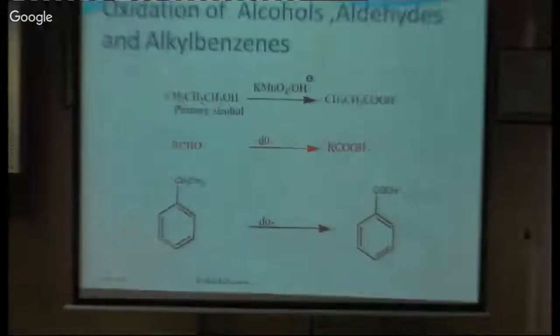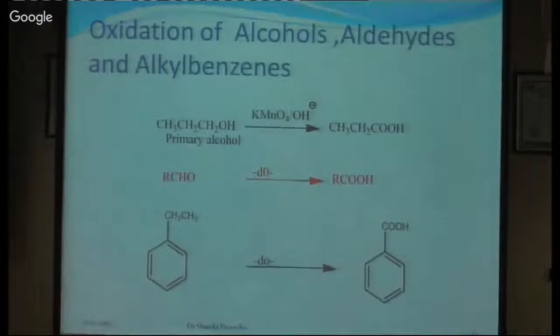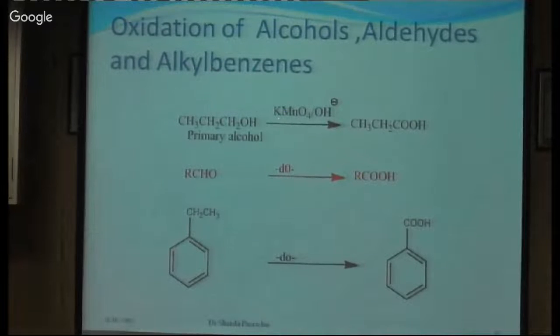Now you have learned when we were doing the aldehyde preparations, if you have a primary alcohol and you are doing oxidation with strong oxidizing agents like acidic or alkaline potassium permanganate, you can use potassium dichromate, you can also use nitric acid, you can convert primary alcohols to carboxylic acids via formation of aldehydes. The primary alcohols are first oxidized to aldehydes, which will then be oxidized to carboxylic acids having the same number of carbons, right?